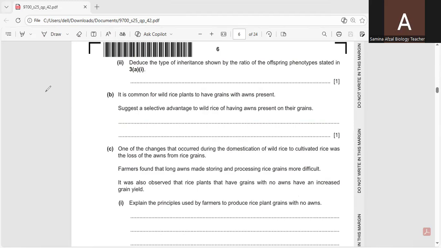So you can say this is the characteristic of dihybrid inheritance, and you know epistasis is there.